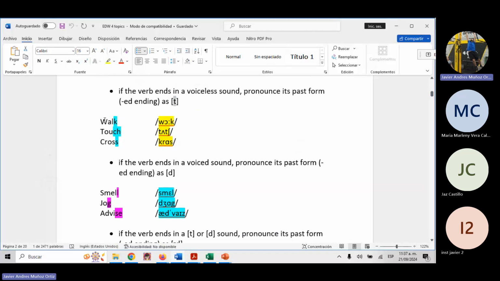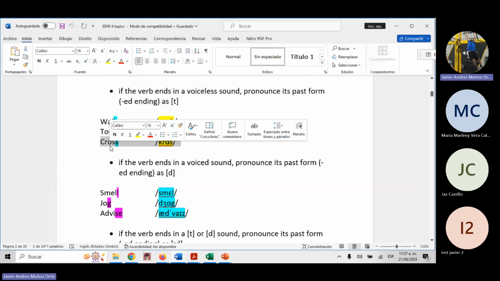We're going to focus on the last sound of this verb, and we are going to notice that this verb doesn't generate vibration in its last sound. Therefore, the past form would be pronounced as walked. Walk, present, walked, past. Touch, present, touched, past. Cross, present, and crossed, past.